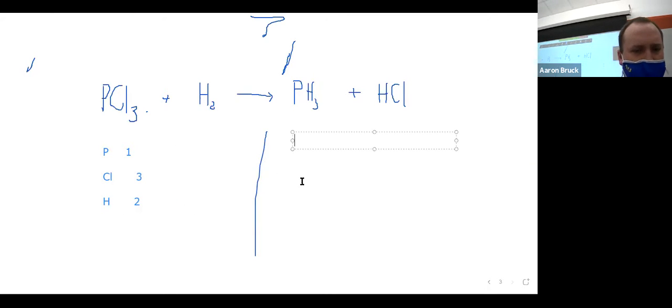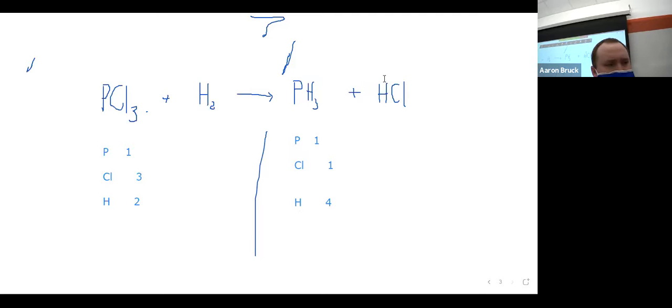On the other side, we've got phosphorus, chlorine, and hydrogen again. There's 1 phosphorus, 1 chlorine, and 4 hydrogens on this side. 4 again coming from 3 from this molecule, PH3, 1 from the HCl. 3 plus 1 is 4. So if I look at it going across, we see that phosphorus is even.